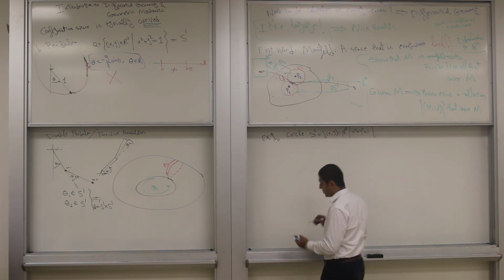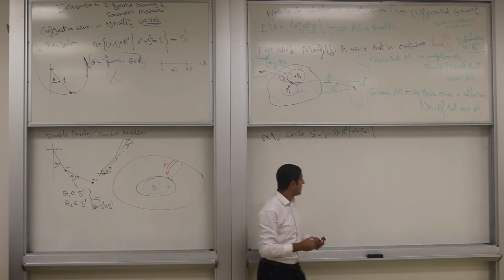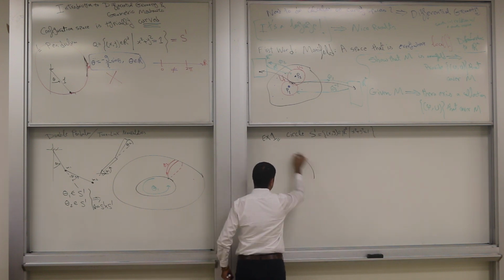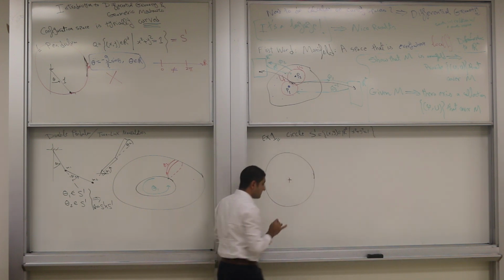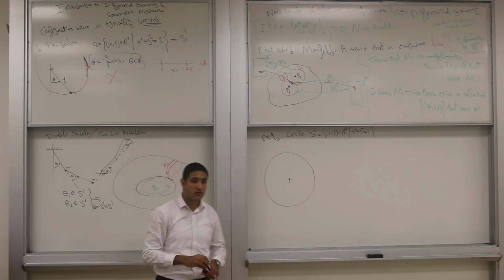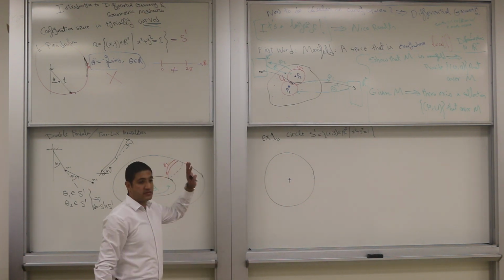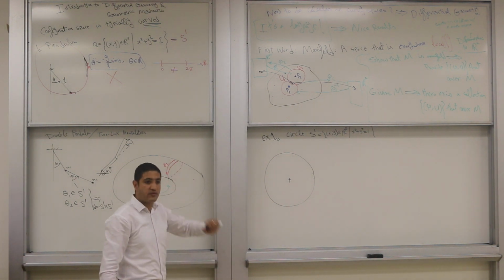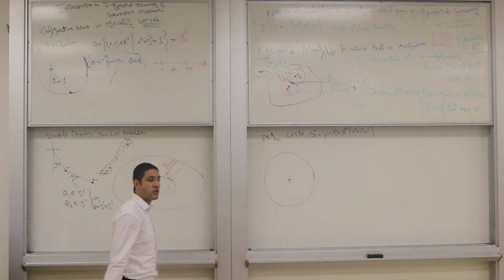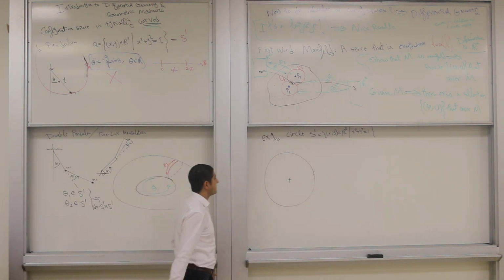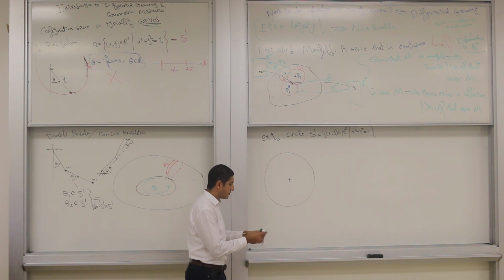Okay? This is S1. Here is my space, S1. Show that S1 is a manifold. Prove that S1 is a manifold. This is one of the problems that we have as maybe first homework in a geometric control course or differential geometry course.